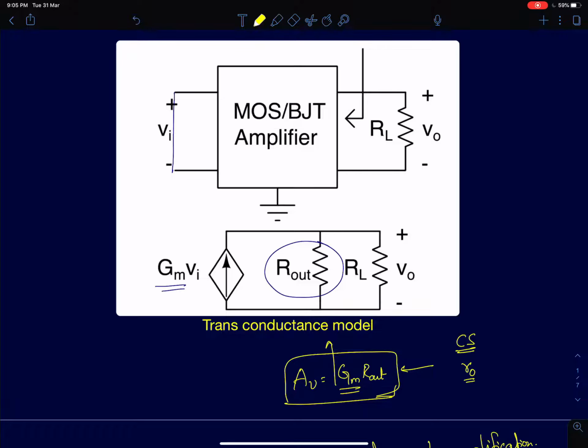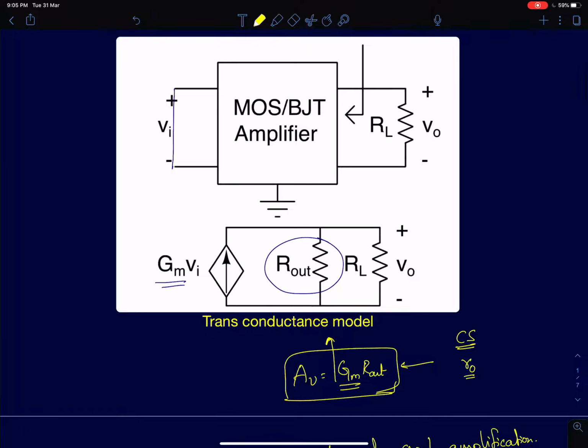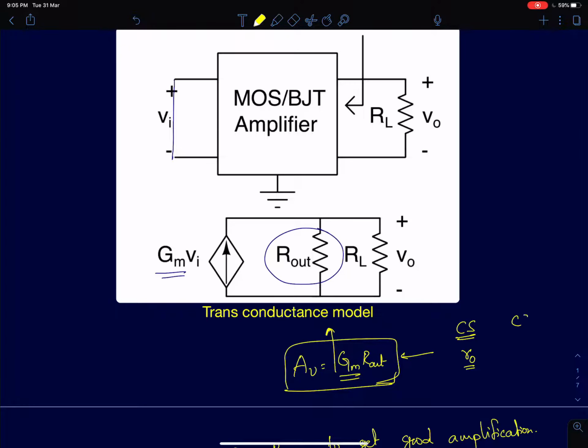Similarly, in case of a common gate cascade, we could keep the Gm constant. The short circuit transconductance was simply the same as the transconductance of every stage, but we could increase the output resistance significantly by adding more and more such stages.